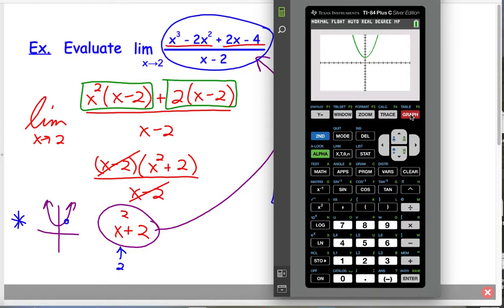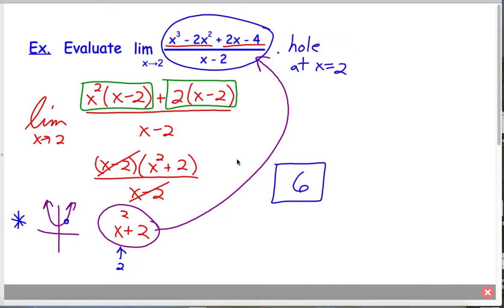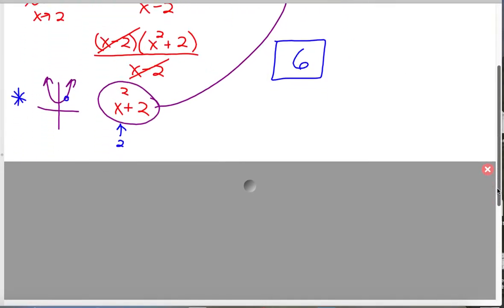And sure enough, it looks like that parabola, except if I hit trace and I type in 2, it's undefined. But we know as I'm getting close to 2, like 1.9999, y is getting close to 6. Because on my simplified version of the expression, I could actually plug in 2 and it evaluated to 6. So that verifies for me that I found the limit.